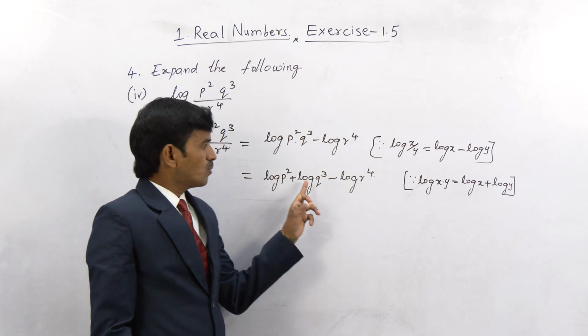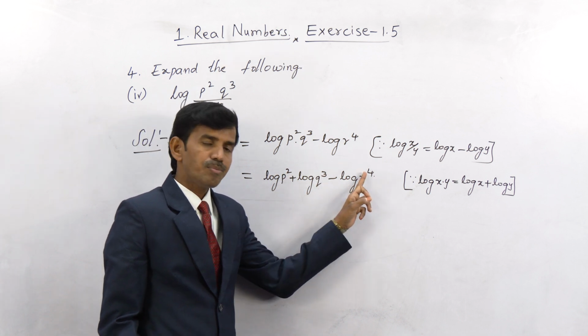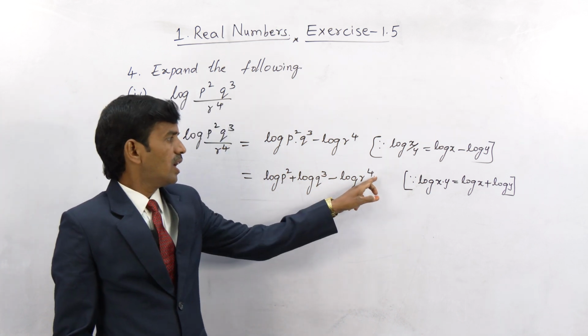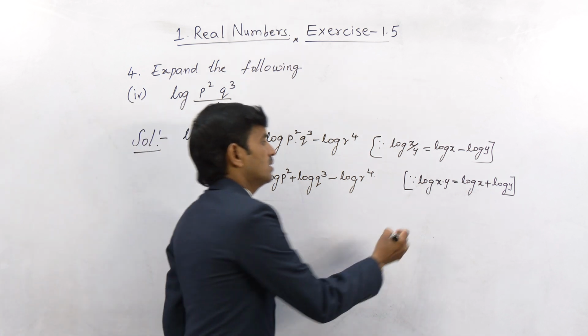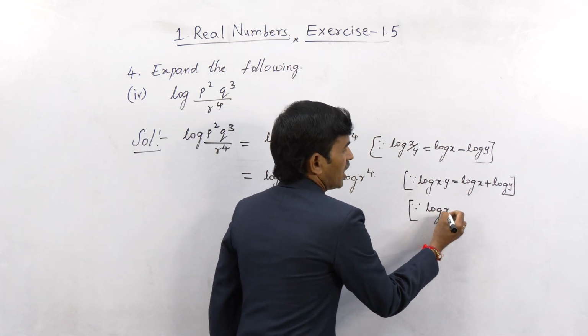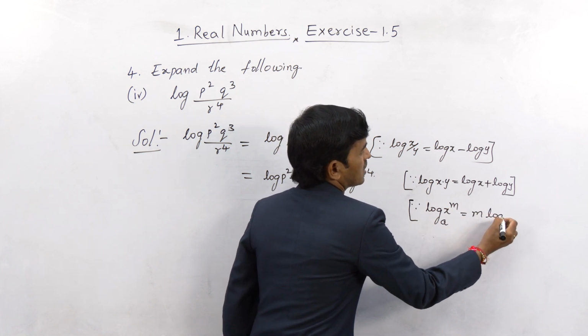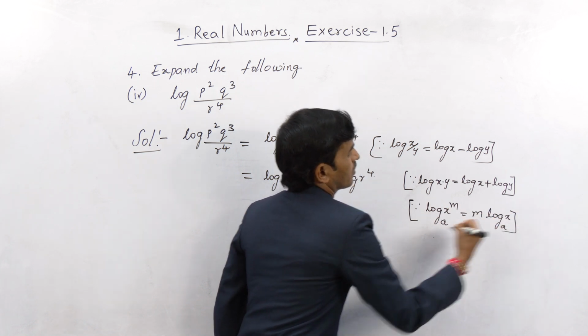So now if you observe these terms, there is a power 2, power 3, power 4. In order to write this as a product, we should apply the power rule, that is log x power m to the base a is equal to m log x to the base a.